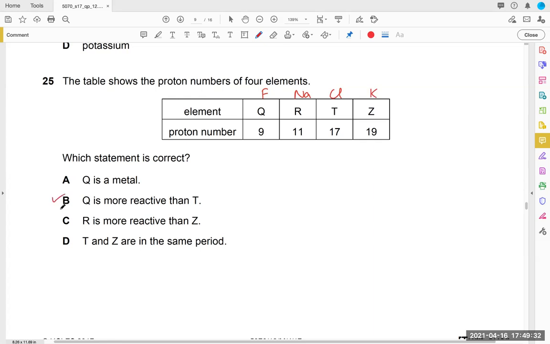Fluorine is more reactive than chlorine. R is more reactive than Z? Actually, the bigger the metal atom, the faster it reacts, the higher the reactivity. So K is a bigger atom than sodium, so this is wrong. T and Z are in the same period? Actually, chlorine is in period 3 and potassium is in period 4. So P is confirmed.